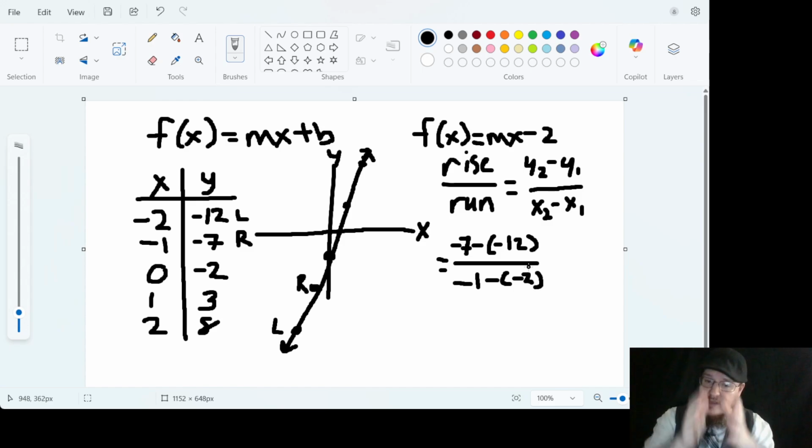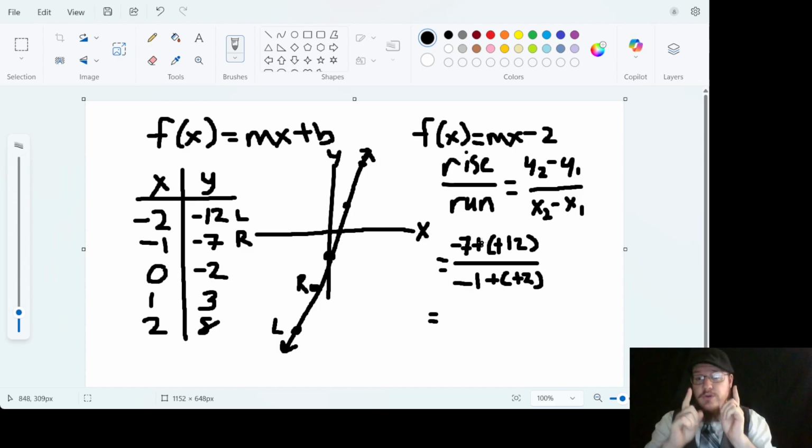Now I needed to put the two values for the right point in parentheses because looking at this, we have a double negative. That's the first thing you should see, that there is a double negative here, and a double negative makes it positive. So now we've got -7 plus 12 over -1 plus 2.